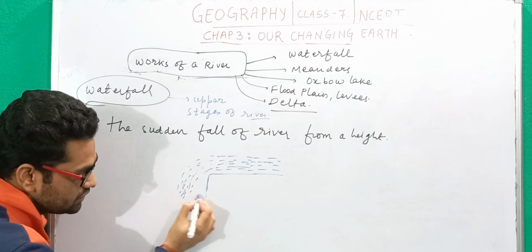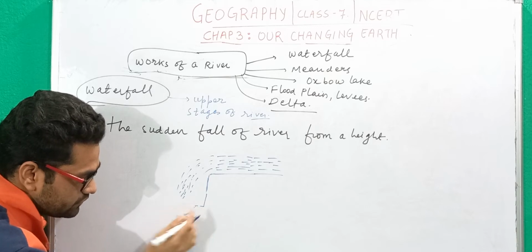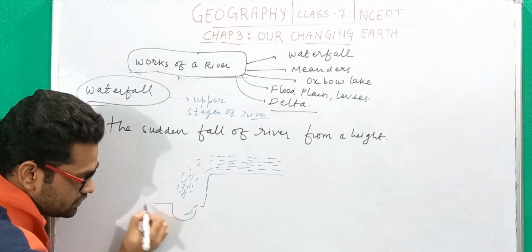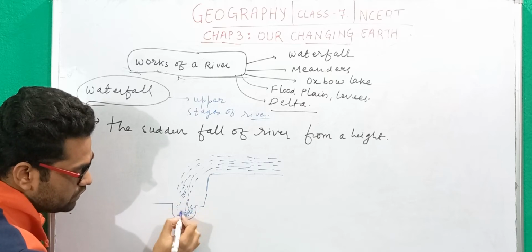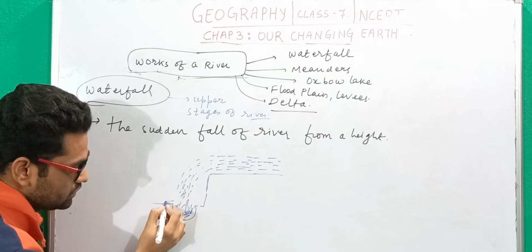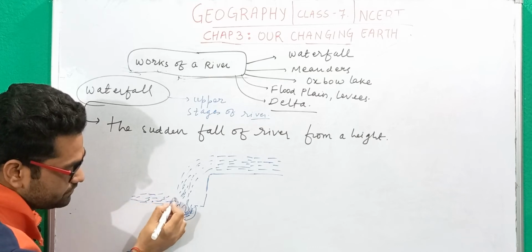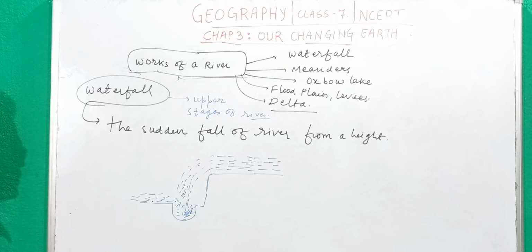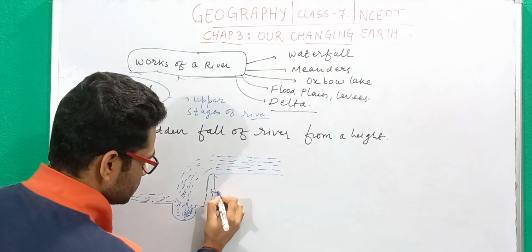And with such great energy, the area where it is falling will form a pool-like structure here. A pool-like structure will form here, and again the river will start flowing like this. So this is the height I was talking about.